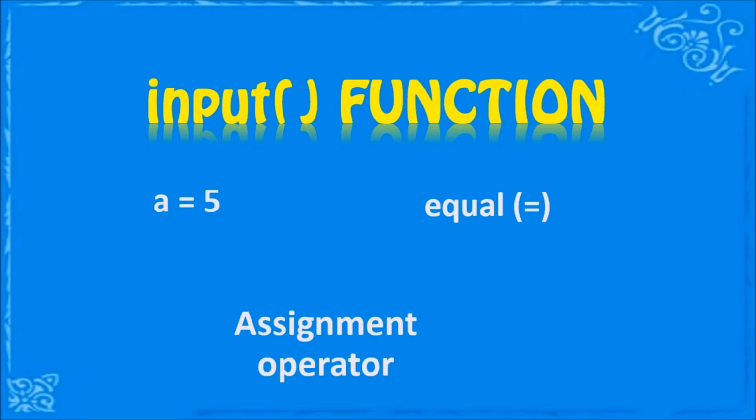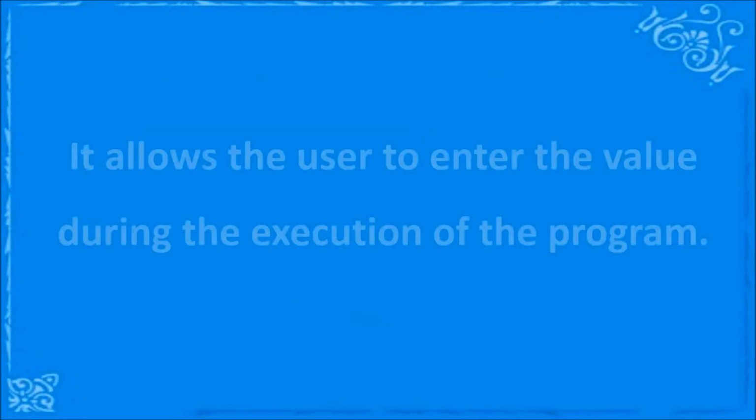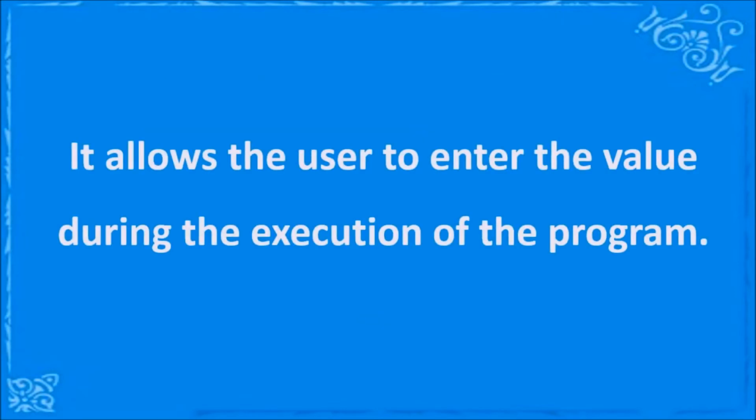Okay, and what does input function do? Input function lets the user enter the value during the execution of the program. Execution means when the program is running. In the previous example, a equal to 5, we assign the value while writing the program.